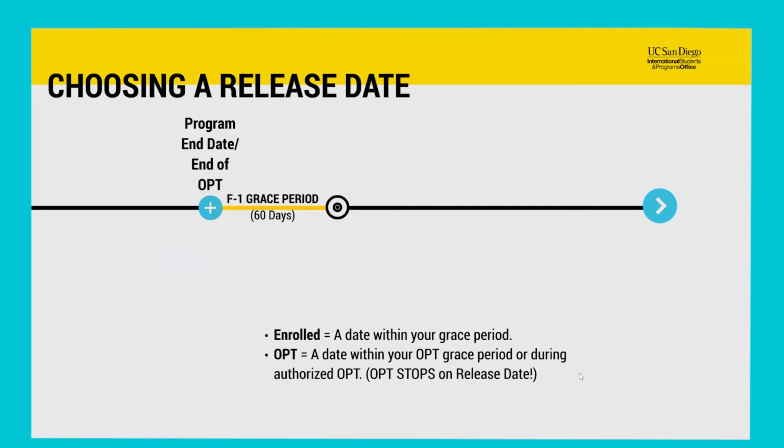So if you're currently in high school now and you're completing your program, let's say on June 7th, you probably want to choose a release date in your grace period, so June 8th within the next 60 days. If you're currently on OPT, again, it's up to you when you'd like to choose your SEVIS release date, perhaps during your approved OPT or in your F1 grace period. But just to note that OPT stops on your SEVIS release date.